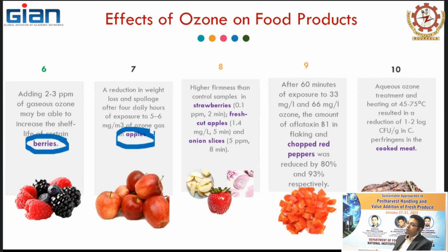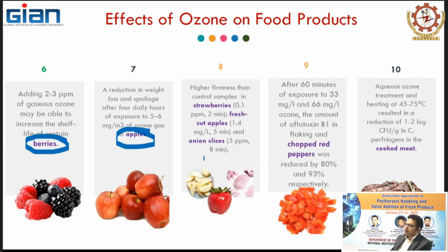Of course it is linked with the purity of the ozone, whether it is coming from air or directly from oxygen. What is the concentration we are using and what is the timing we are using, because we like to see the effect on sensory characteristics, physicochemical changes happening with the product, or the microbial or bacterial aspects, and how we can control them with the help of this.